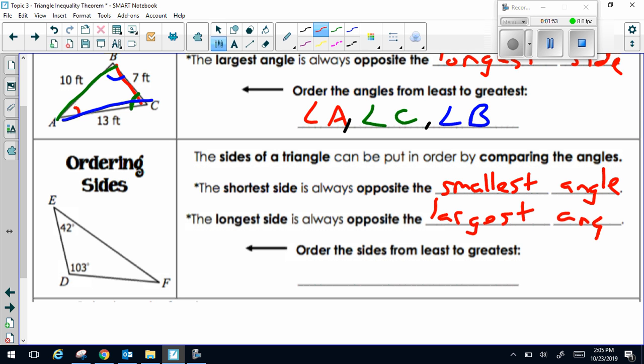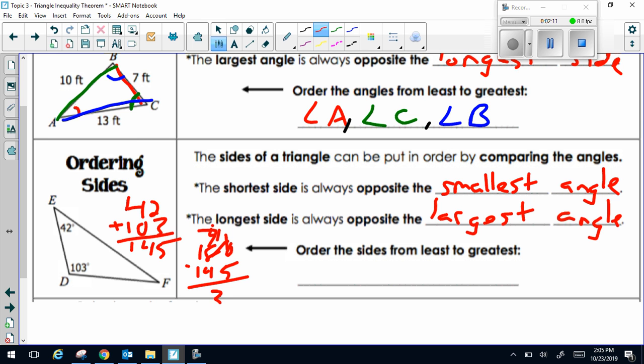So in this example, we need to figure out what that third angle is in the triangle first. So we need to do 42 plus 103, which is 145. Subtract that from 180, which is 35. So that's angle F, which is now my smallest angle.